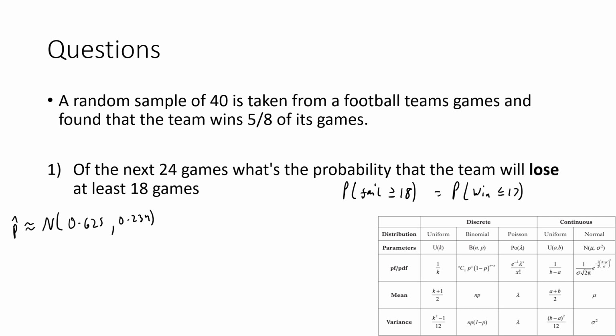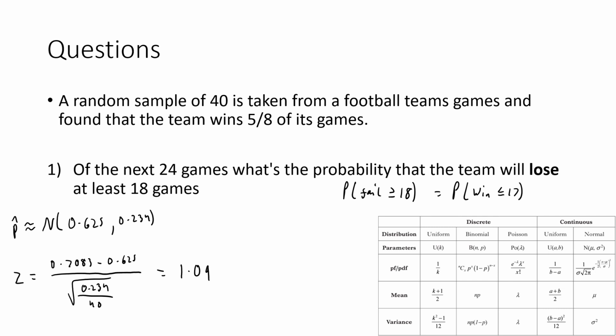Then again, we find z, so 17 out of 24, so the proportion is 0.7083 minus 0.65 over the standard error, which is the standard deviation, which is the square root of the variance, which is 0.234 over the sample size, which is 40, and that gives us 1.09.